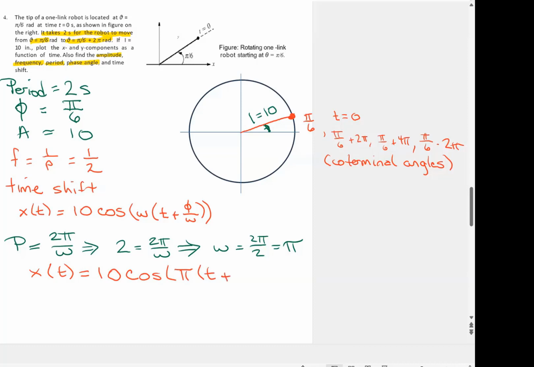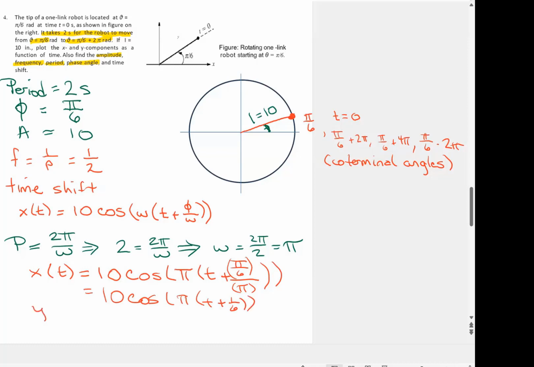Phi we said is pi over 6. We're factoring out a pi. Pi over 6 divided by pi, which equals 10 cosine of pi times t plus 1/6.